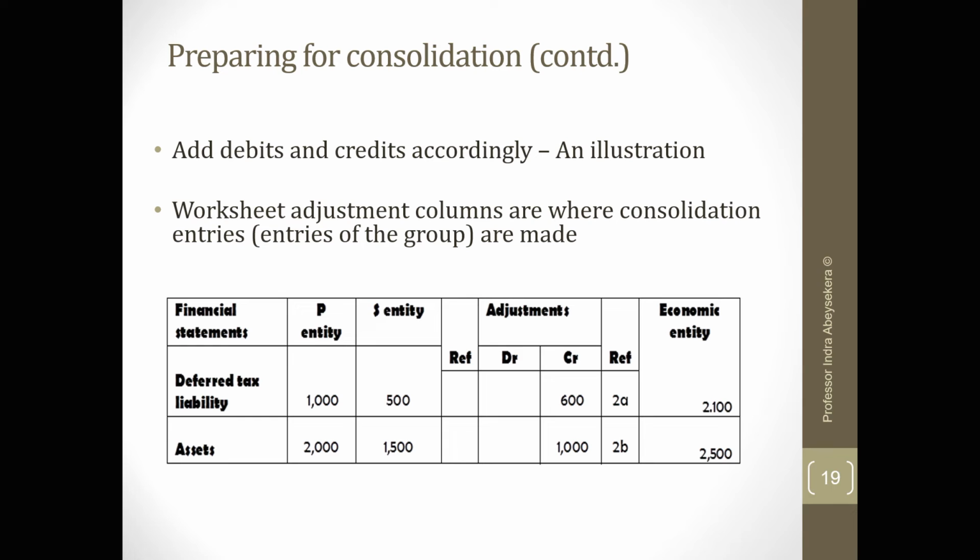So here the deferred tax asset, deferred tax liability, there's a consolidation adjustment of credit that increases the economic entity balance. For the assets, there's a consolidation adjustment of credit that decreases the asset balance.